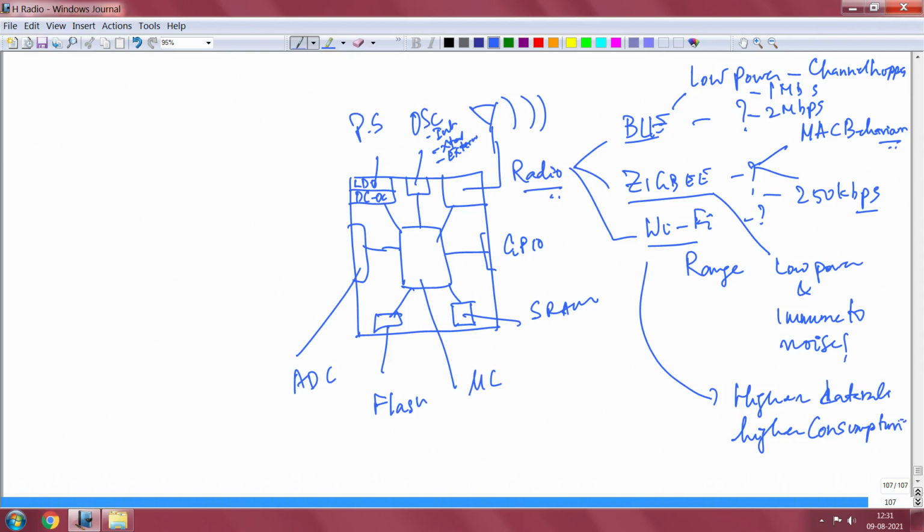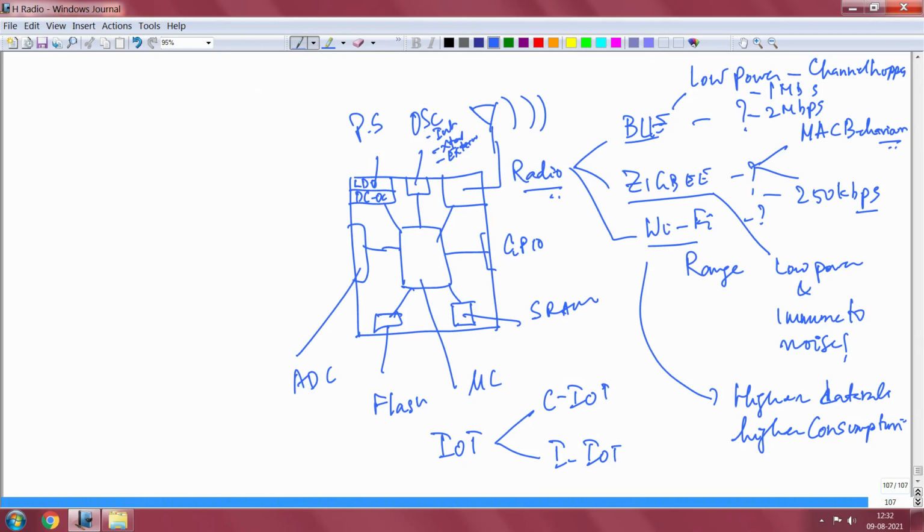So on. Now there is a certain flavor for IoT where you have to understand the commercial IoT versus the industrial IoT, okay. Now that differentiation comes in the following way.